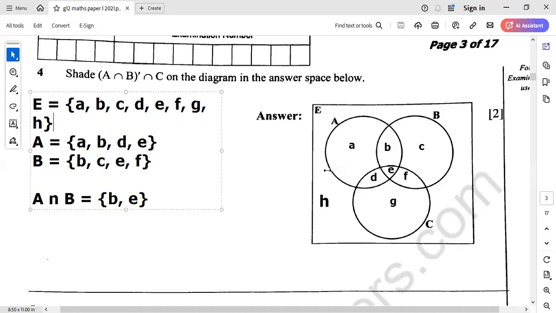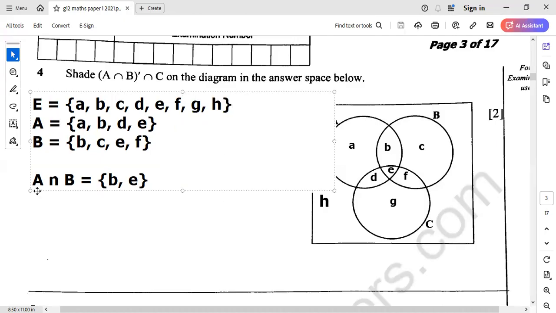Now, what you do is this. If they say A intersection B complement, remove b and e from that universal set. So if we remove b and e, what shall we remain with?